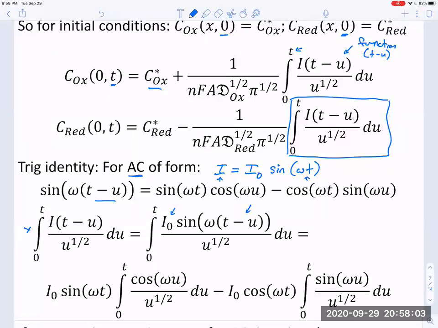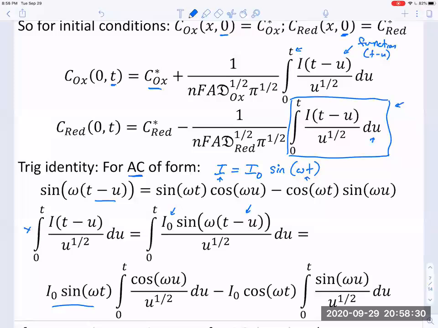And then we can apply this trig identity to basically say that this integral here is going to be I0 sine omega t, times the integral from 0 to t of cosine omega u divided by u to the 1/2 du, right? Because u is the variable that the integral is doing, minus I0 cosine omega t, times the integral from 0 to t of sine omega u divided by u to the 1/2 du, right?